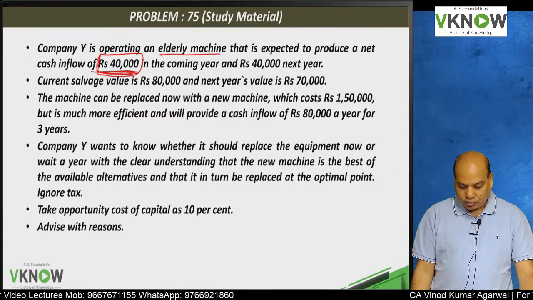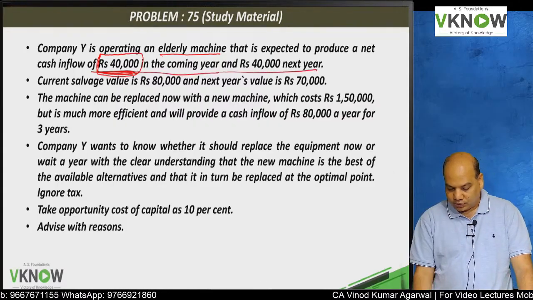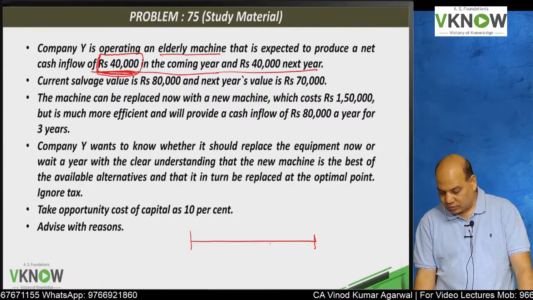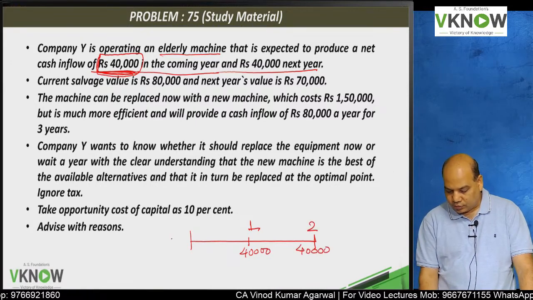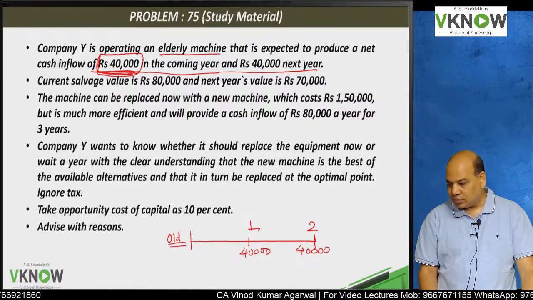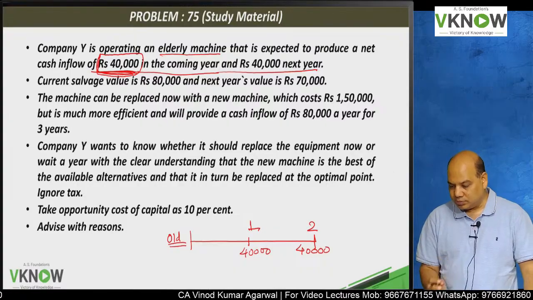Net inflow of rupees 40,000 in the coming year and rupees 40,000 next year, which means year 1 cash inflow will be 40,000 and year 2 cash inflow will be 40,000 if you continue with the old machine.